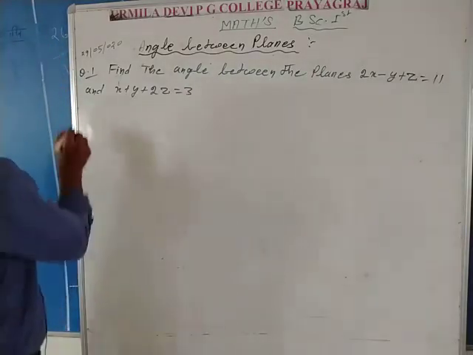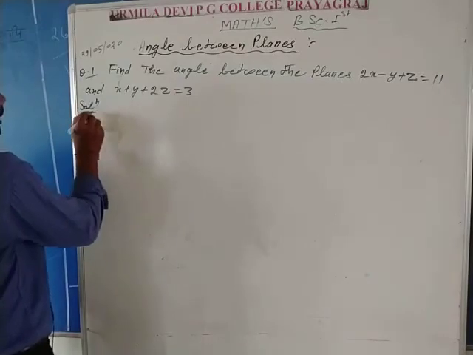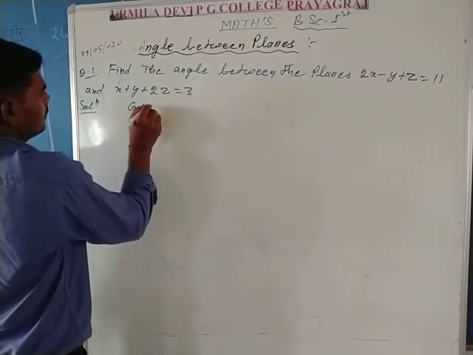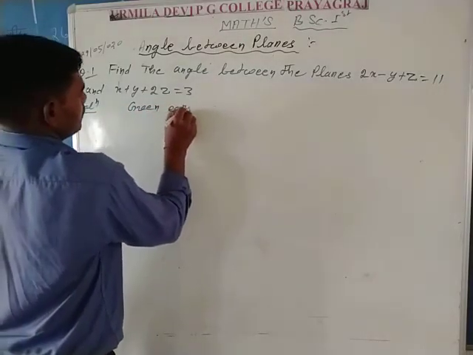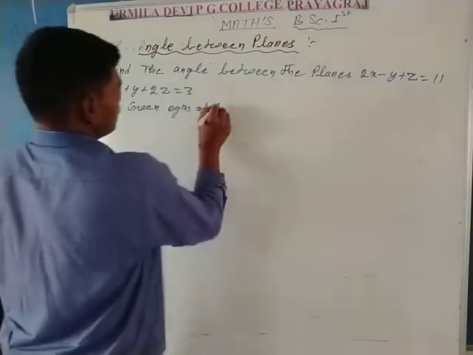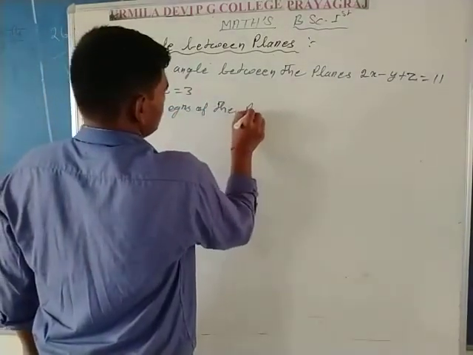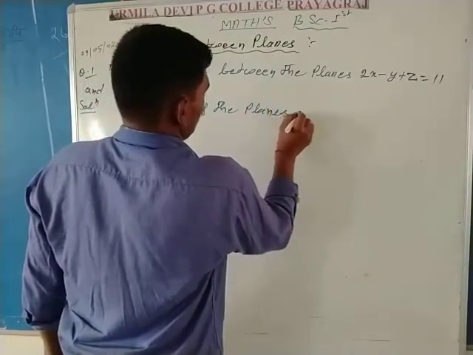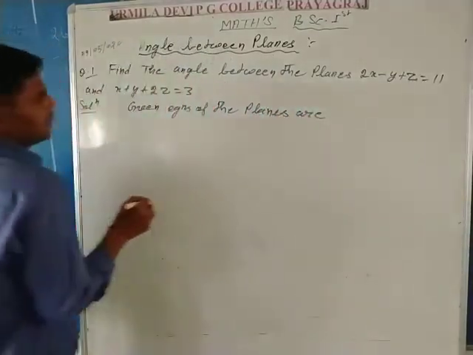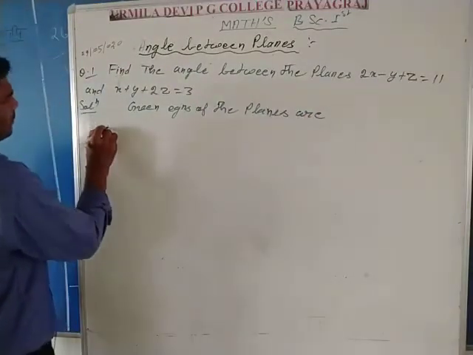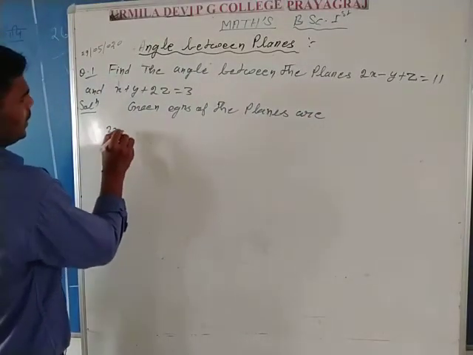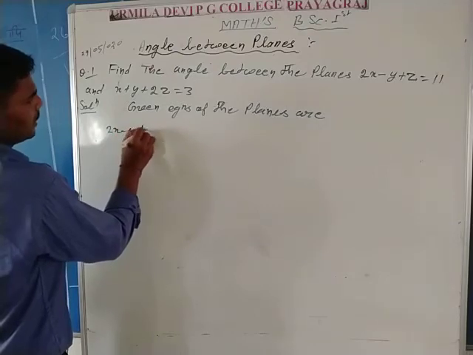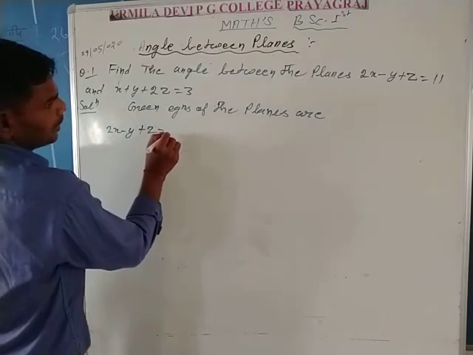Therefore, in the solution, write the given equations of the planes. The first plane equation is 2x minus y plus z is equal to 11.